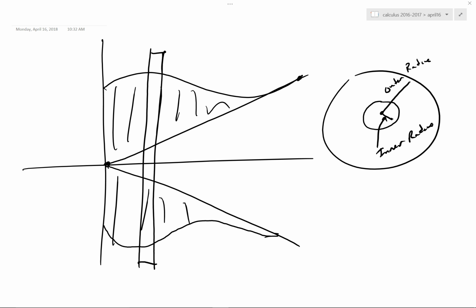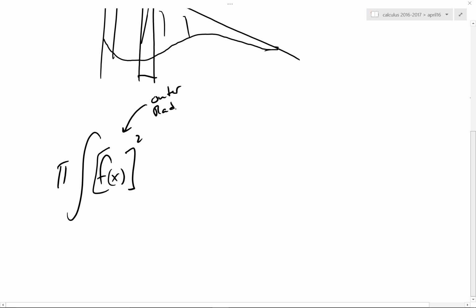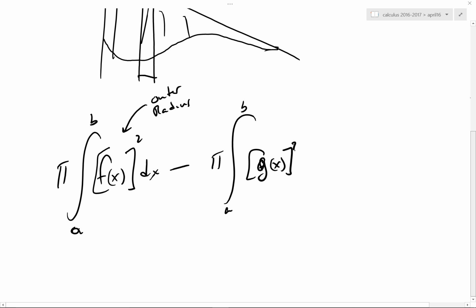In the case of a washer, it'd be pi times the integral from A to B of the function squared, like before, where this is the outer radius, minus pi times the integral from A to B of the inner radius, I'll call it g, squared, where this is the inner radius. Piece of cake.